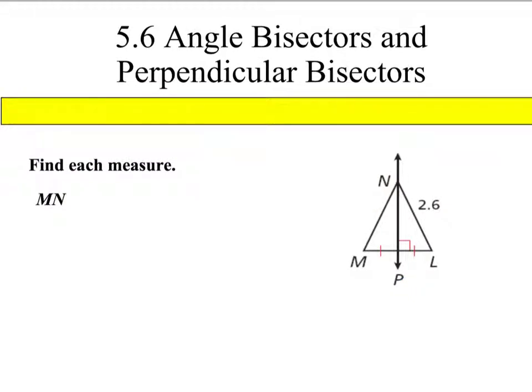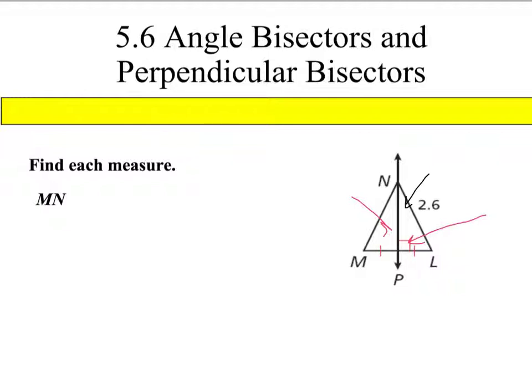It says find the measure. So if we look at this, we know that MNL, that triangle, is broken down into two triangles here, NPL and NPM. Notice that NP, that line that cuts through the overall triangle right through the middle, comes down at a 90-degree angle, meaning it is a perpendicular line.